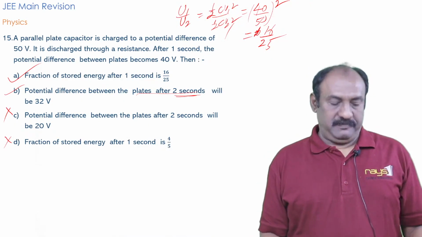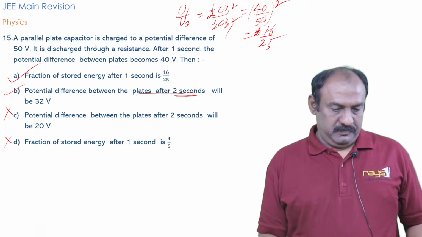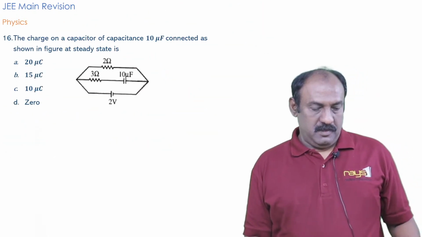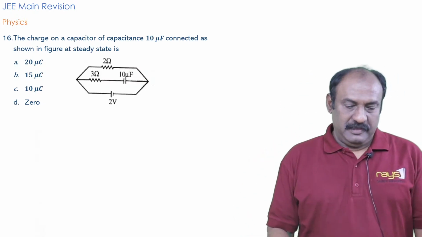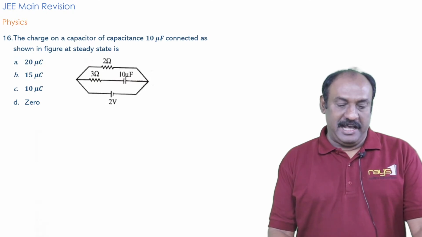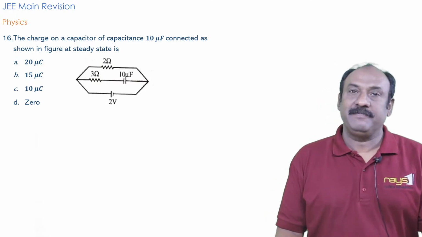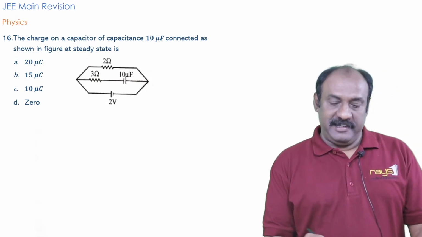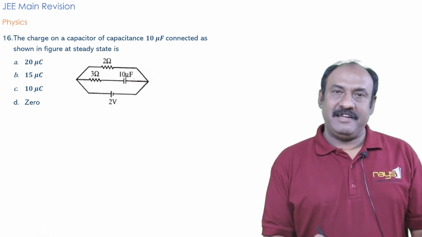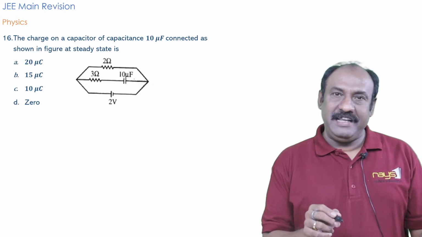Next question. Question number 16. The charge on the capacitor of capacitance 10 microfarad connected as shown in the figure at steady state. So, we know that at steady state here, capacitor doesn't allow DC.